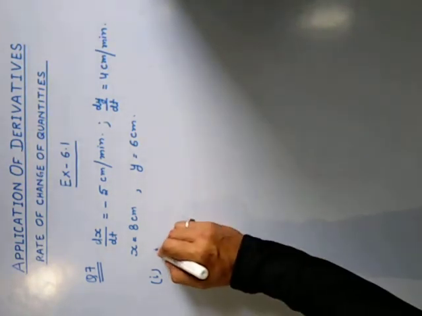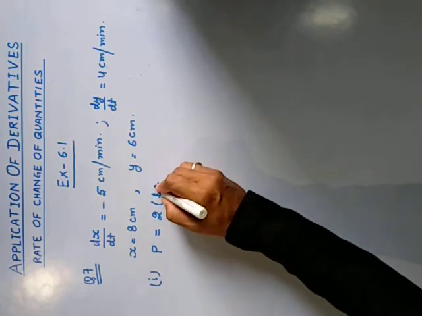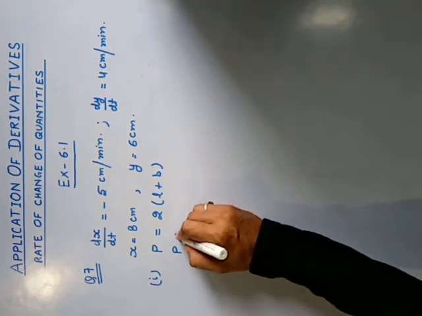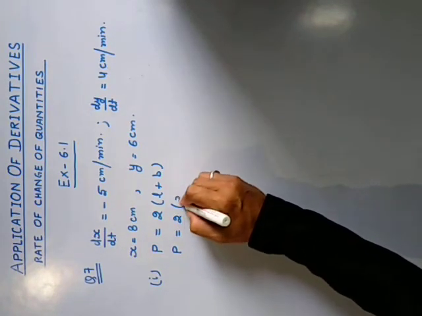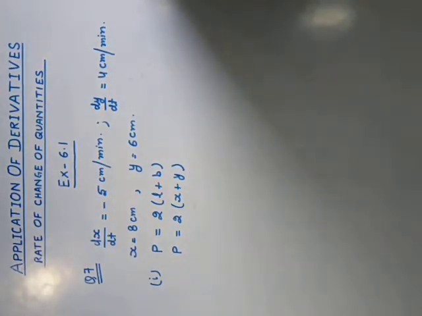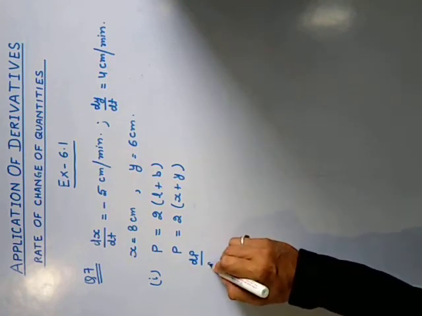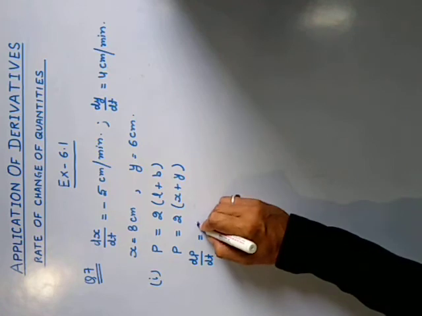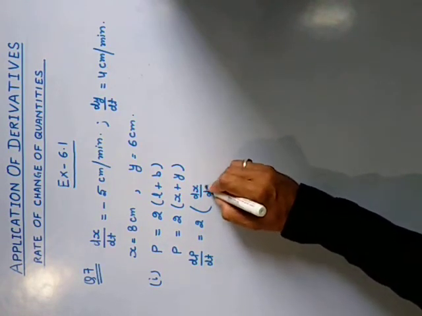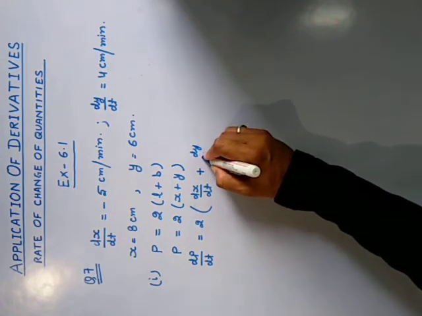The perimeter of a rectangle is twice length plus breadth. So perimeter P equals twice x plus y, where length is x and breadth is y. Now if we differentiate it, dP over dt equals twice dx over dt plus dy over dt, differentiation of x and y with respect to t.